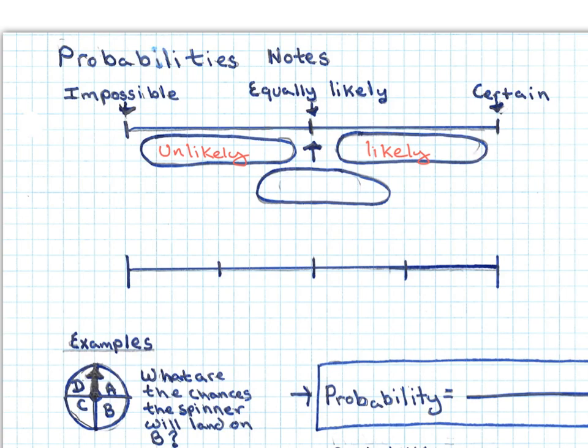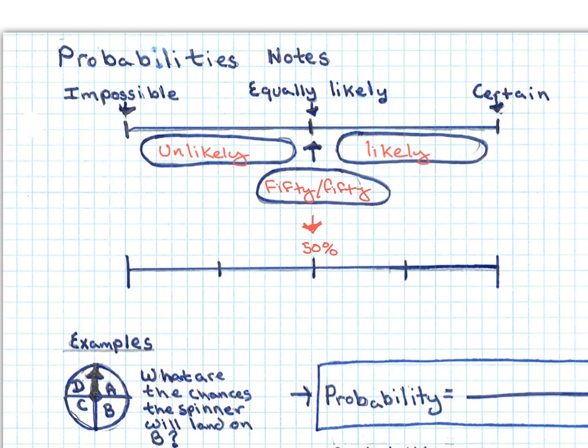And the common name for equally likely, when you're just talking about it, most people are more likely to say something like 50-50. You have a 50-50 chance of something happening. And 50-50 really comes from the idea of 50%.